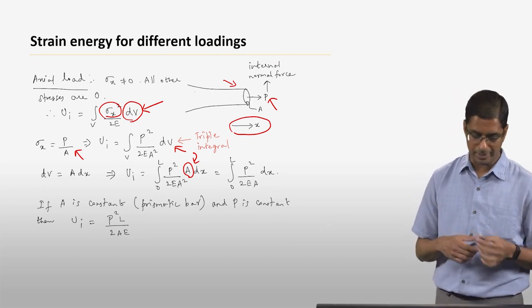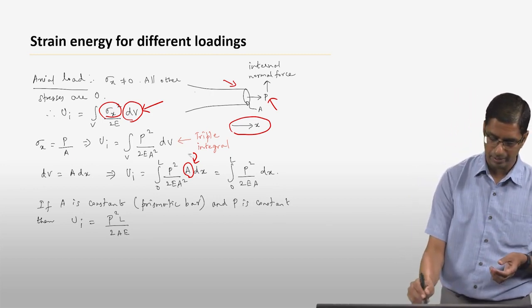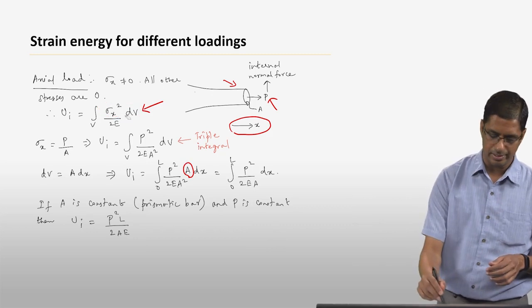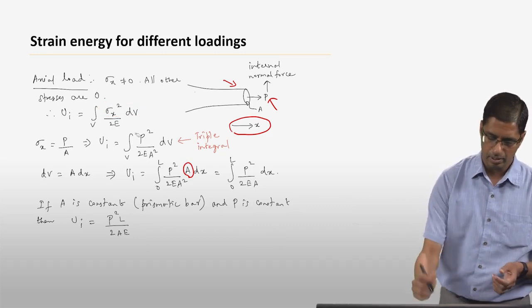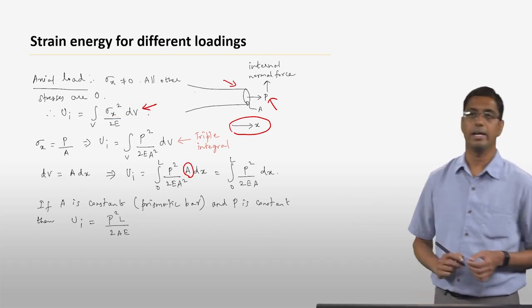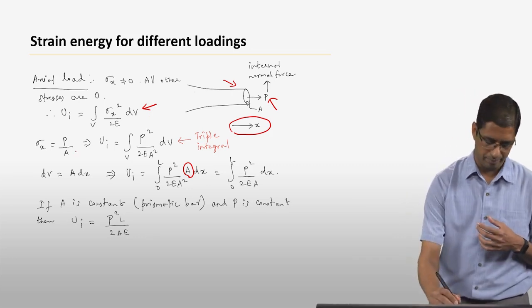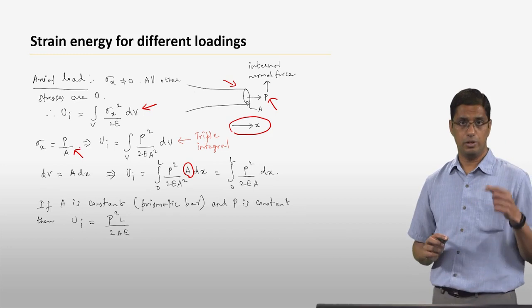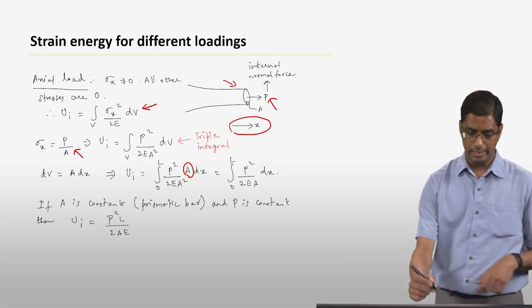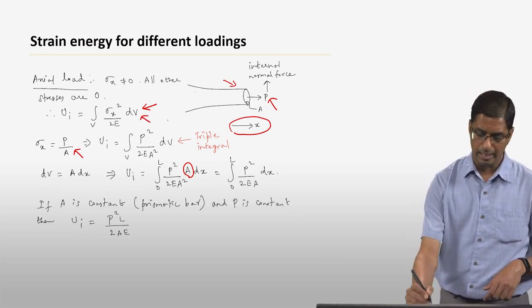So let me just go back and explain this again. This is the expression for Ui. We know that sigma x is nothing but P over A, so we can substitute that expression into this, and that is what we'll get.